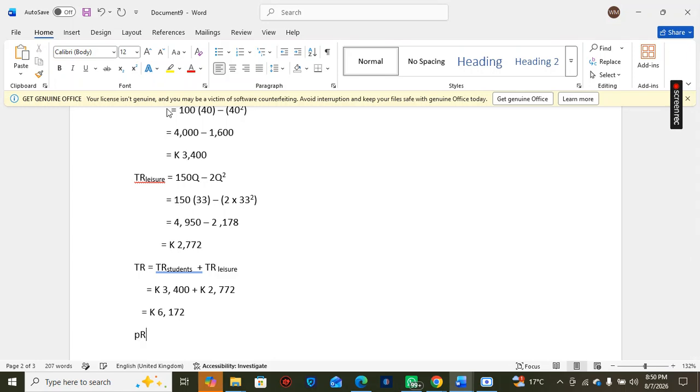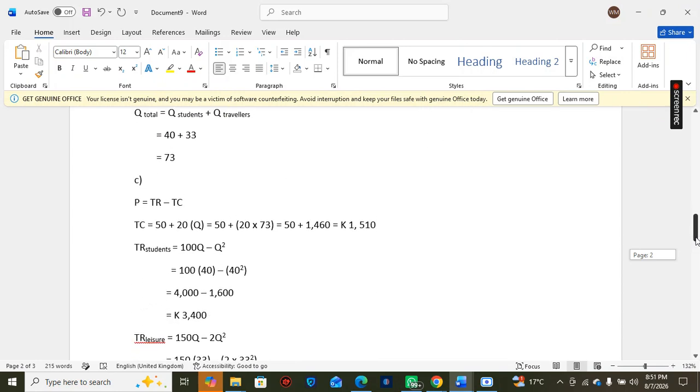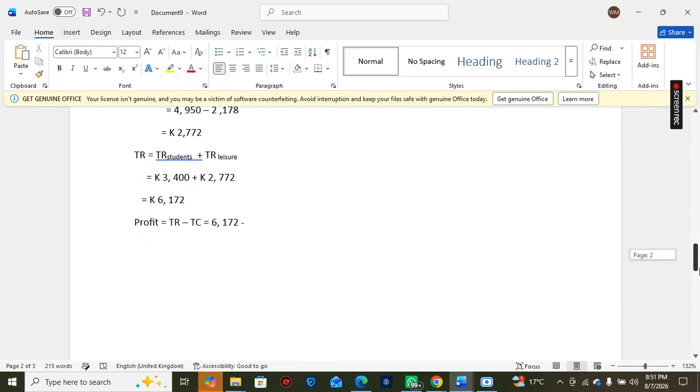So profit, TR minus TC. So it says 6,172 minus the total cost was 1,510.